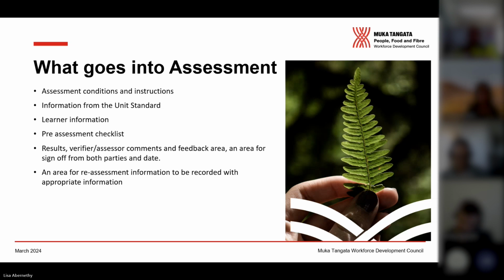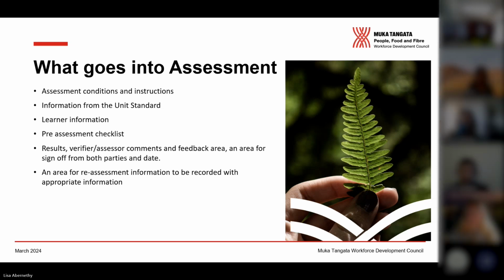Learner information: obviously you need to have their details, an area for signature and date, and an honesty statement on academic integrity and consequences of plagiarism, which a lot more people are including in their assessment material. It's really good to make clear to learners what the expectations are for them.